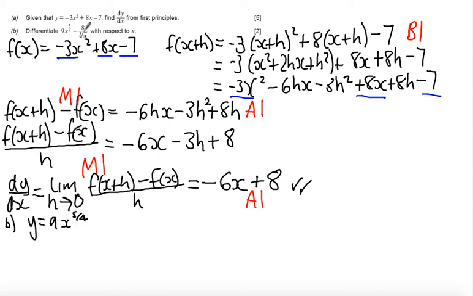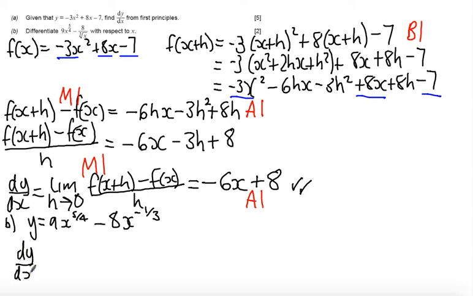And then I want to rewrite the second term using a negative index and a fraction. So the root is the same as x to the power of a third. And because it's a reciprocal, this is 8x to the power of minus a third. Notice that I've labelled it with a y to make it clear that I am rewriting this expression. I haven't actually differentiated it.